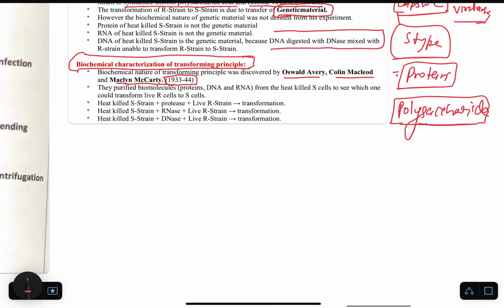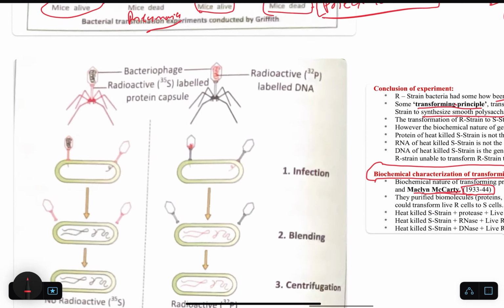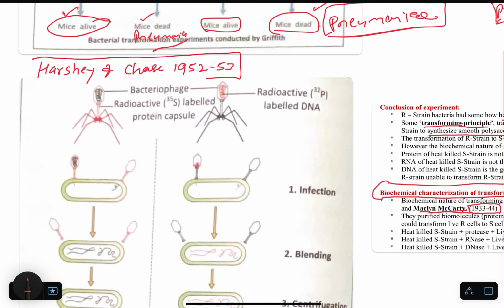So it is clear from the biochemical test which was performed by Oswald Avery, Colin MacLeod and McCarty. Later on, another experiment was performed by Hershey and Chase in 1952-53 to further confirm that the DNA is the genetic material, which is known as the radioactive isotope experiment.